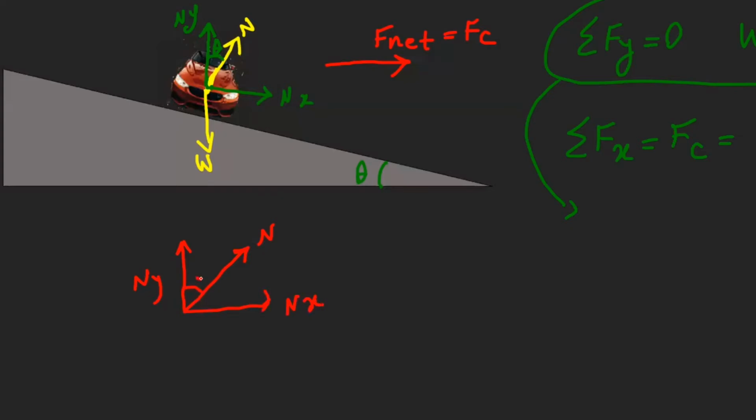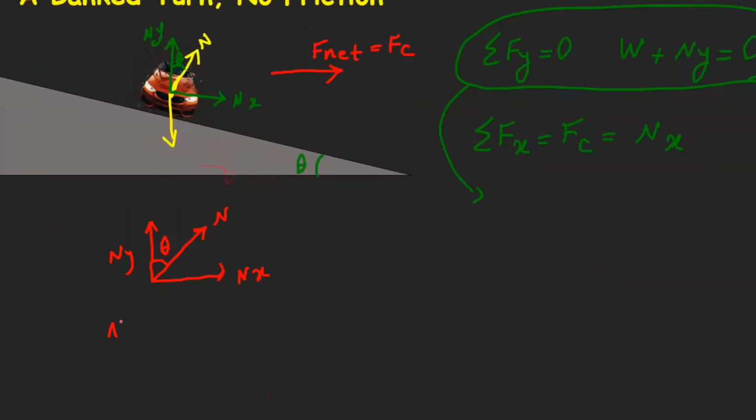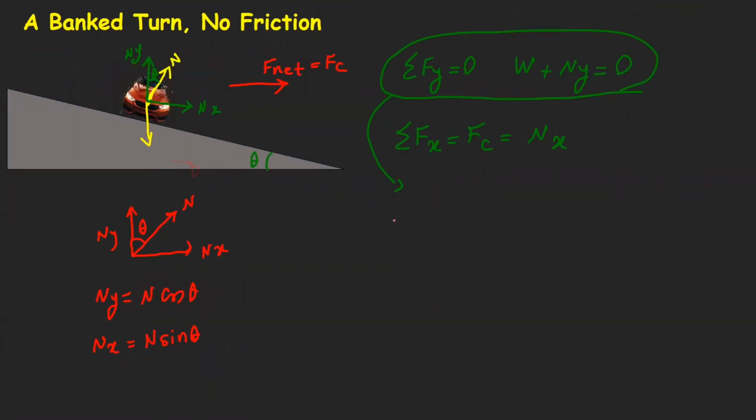If this angle is equal to theta, then Ny is equal to N cos theta, and Nx is equal to N sine theta. Now, if we look at sigma Fy, that is W plus Ny equal to 0, and we substitute: W is equal to mg, and Ny is N cos theta, so the sum equals 0.